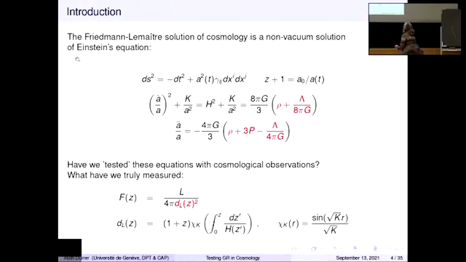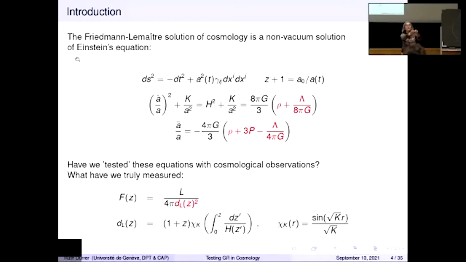If we have the flux which comes from an object, here I forgot to say, if space-time is expanding, a source which emits light at the time t, which arrives at us at present time, we call it t0, when the scale factor has expanded to a0, such light will be redshifted, and the redshift factor z+1 is given by the ratio of these two scale factors.